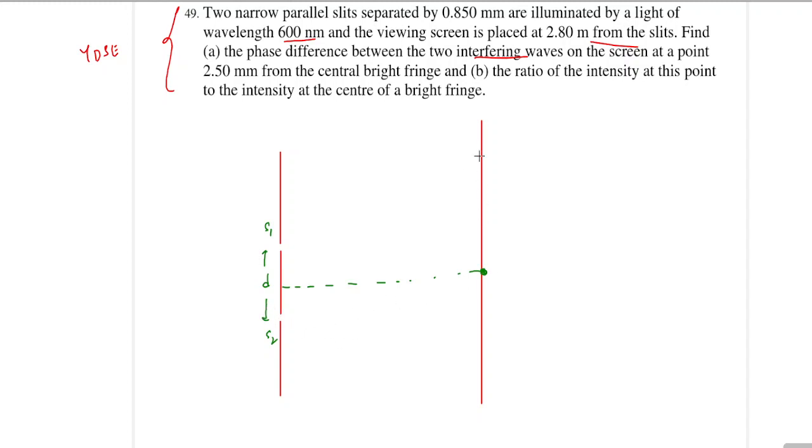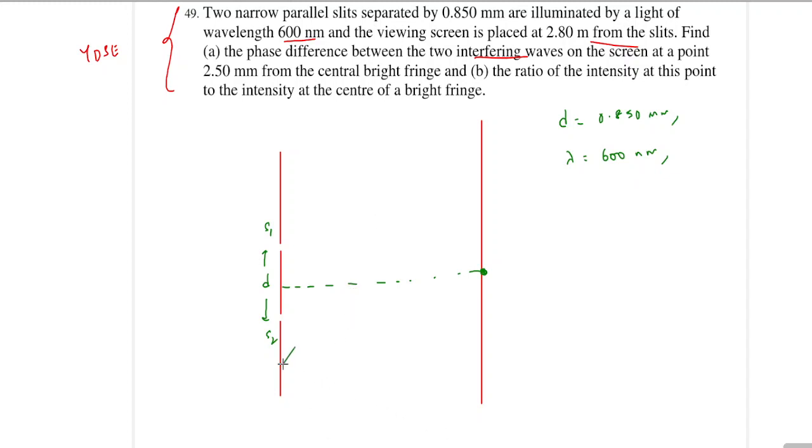Now the question says the distance small d, for two narrow parallel slits, is separated by 0.850 millimeter. So here small d is given as 0.850 millimeter, illuminated by light of wavelength lambda, which is given as 600 nanometer, and the viewing screen is placed at 2.80 meter.